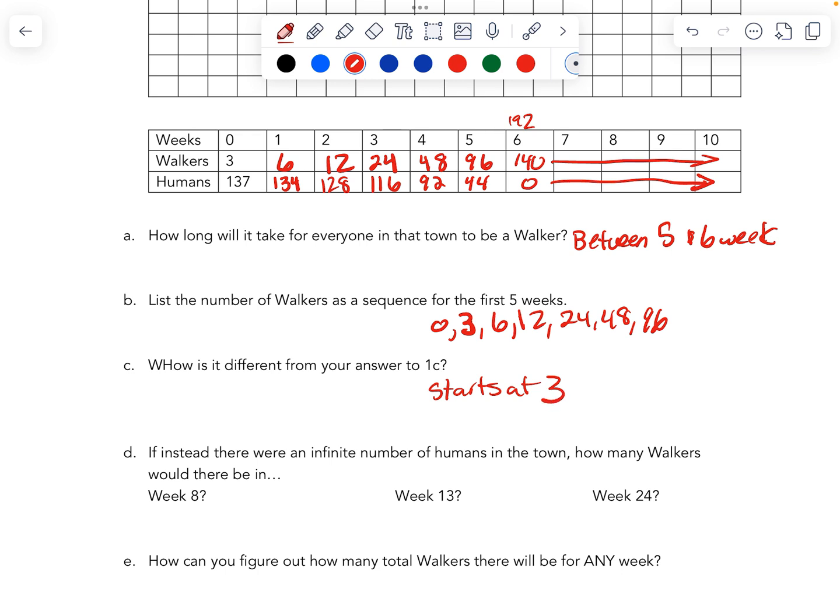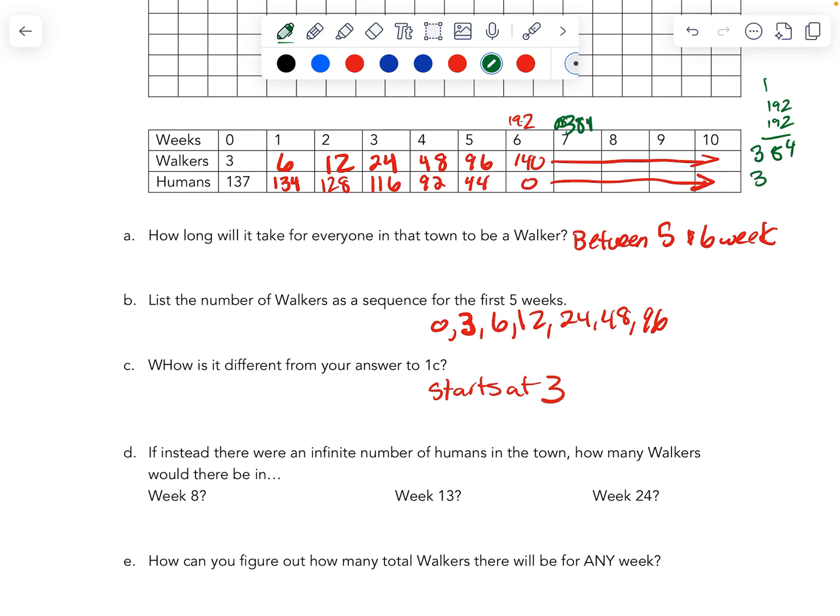If there were an infinite number of people, could we figure this out? If we take this table and say week 8, this would be 192, and we double that to 384.